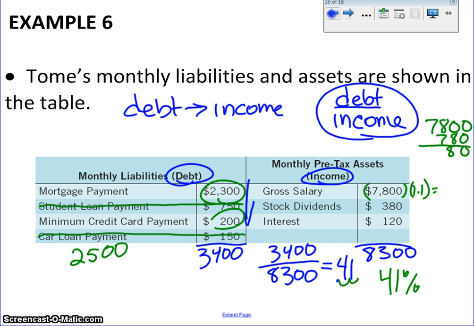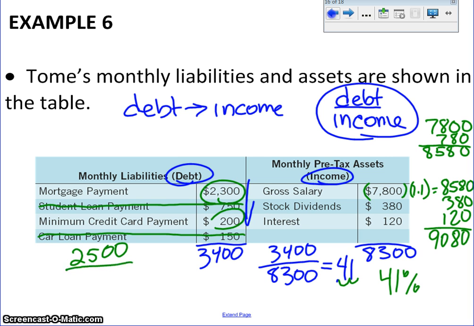So he now has an income of $8,580. He still has his stock dividends and he has his interest. So if I were to total those down, his new income is $9,080.